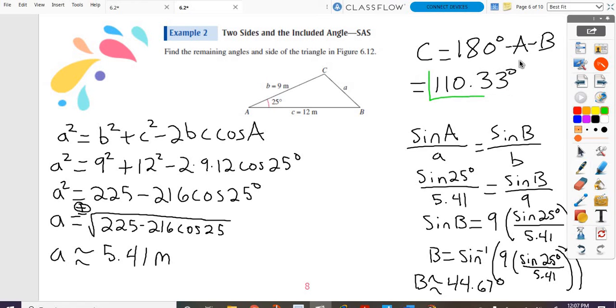So we found our missing two angles and our third side. Questions on that one? Okay. How are we feeling with law of cosines? Pretty good? Okay, good job.